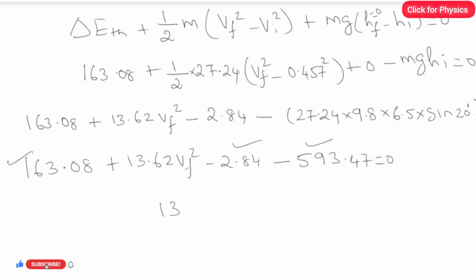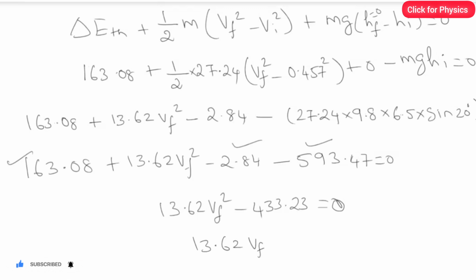So 13.62 Vf square minus 433.23, which is equal to 0. I have to bring this term to the right hand side. When you bring this term to the right hand side, it will be positive. So 13.62 Vf square is equal to 433.23.